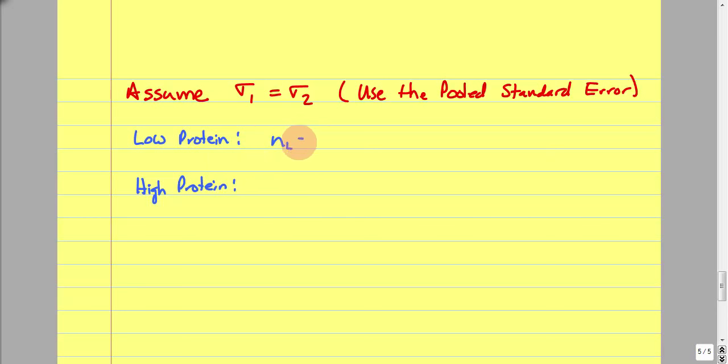So n sub L, low is my subscript there, is 45 children. The average growth in a month for this group would be 0.96 centimeters, and the standard deviation would be 1.25 centimeters.